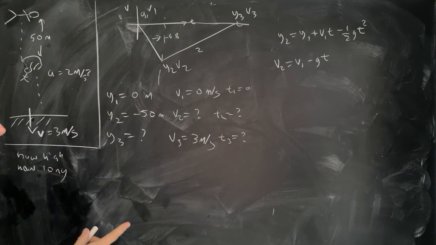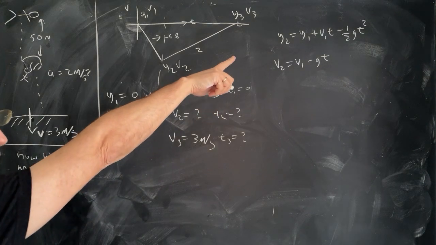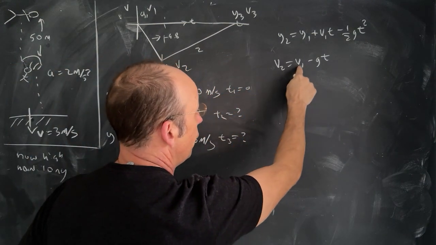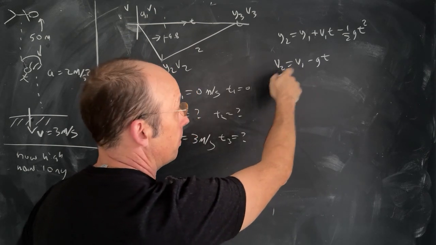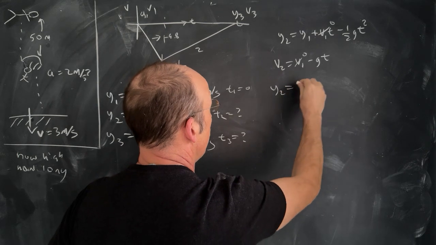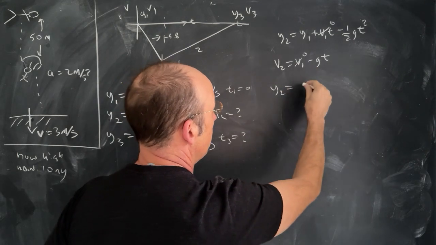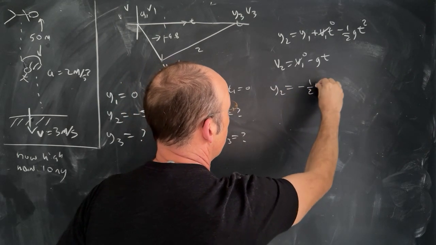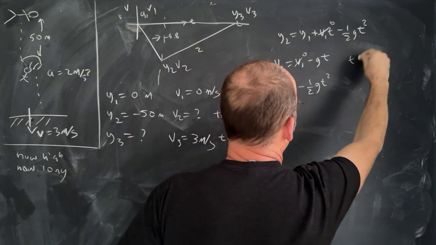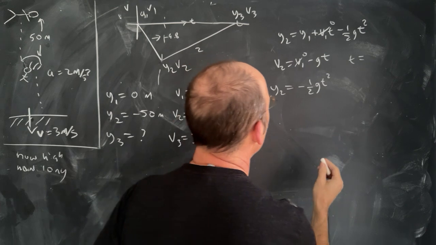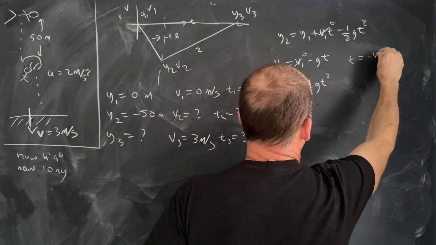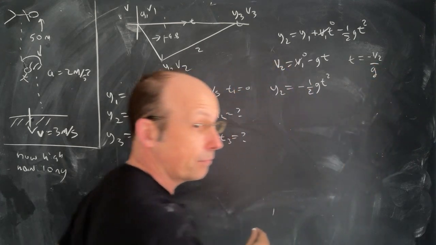So I can solve the second equation for time and plug it into the first equation, and I will get what I want, right? Because I know v1 is 0, but I don't know v2. So I get y2 equals y1, which is 0, minus 1/2 gt squared, and then I can put in t. v2 is negative, that's why t is going to be negative v2 over g.